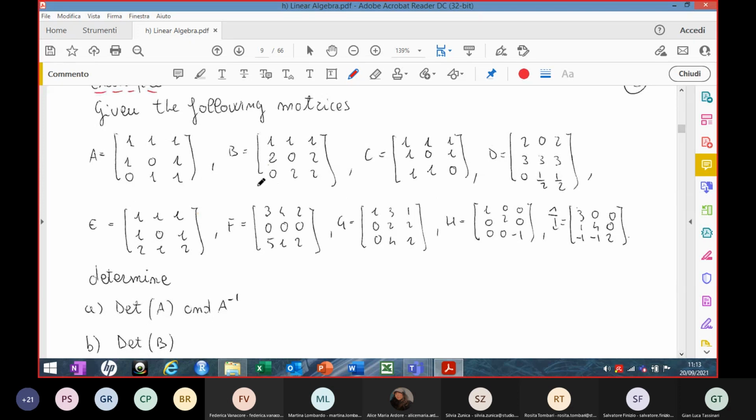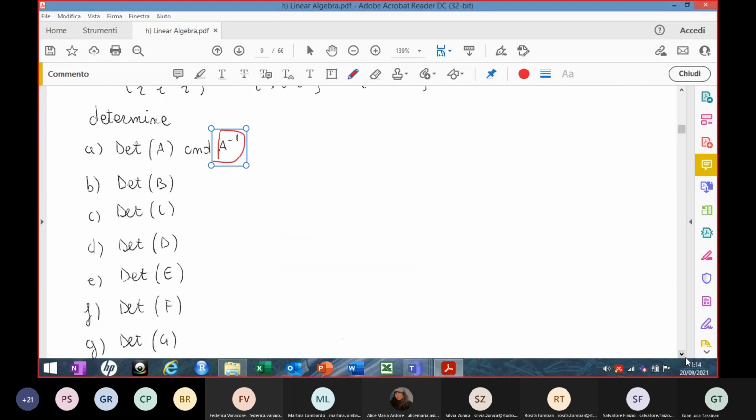So here we do not compute A to the minus 1, because I didn't explain how to compute it. We compute the determinant of A, and simply we answer: does the inverse exist? If the determinant of A is different from 0, then the inverse exists. So we compute first the determinant of A, then the determinant of B.